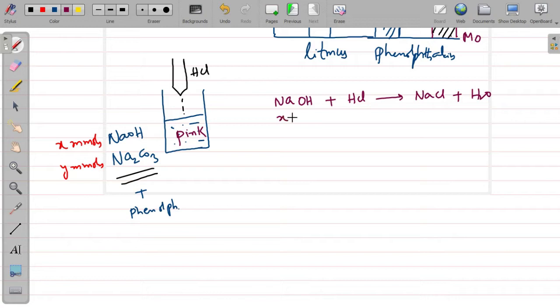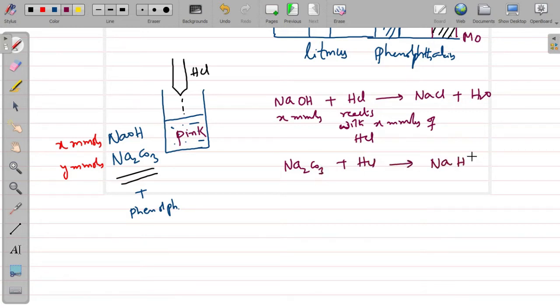Since X millimoles of NaOH is taken, it reacts with X millimoles of HCl. After NaOH is consumed completely, Na2CO3, the second base here, begins to react with HCl. When it reacts, it first forms NaHCO3.